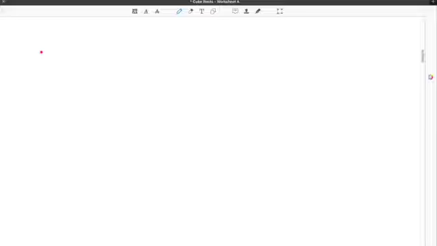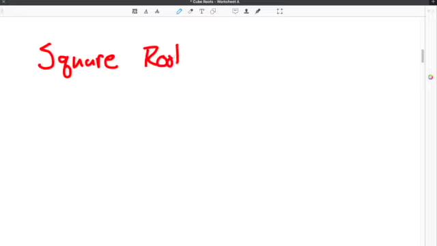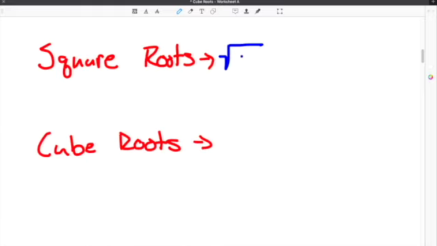When talking about how to find cube roots, the first thing we should mention are square roots. The reason we are bringing up square roots is because square roots and cube roots are very similar. In order to find a square root, you have to find the number that when times itself equals our original number. So the square root of 9 is 3 because 3 times 3 equals 9.